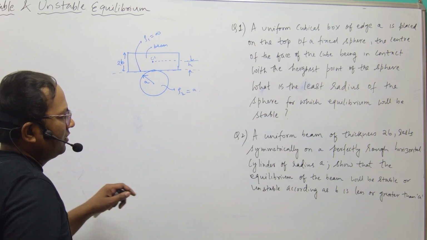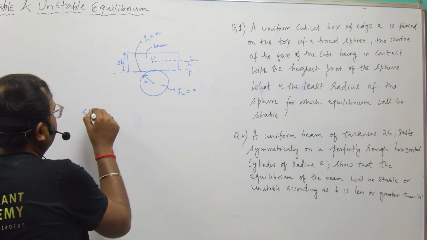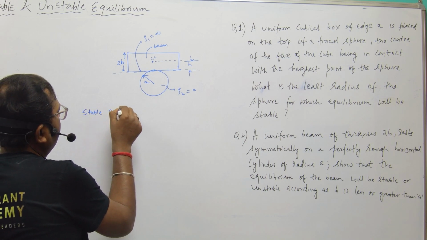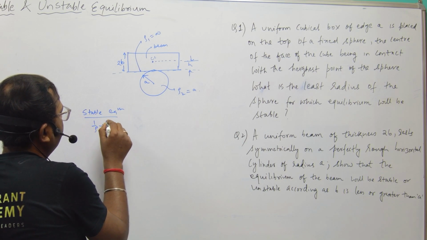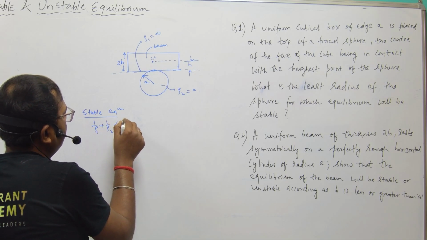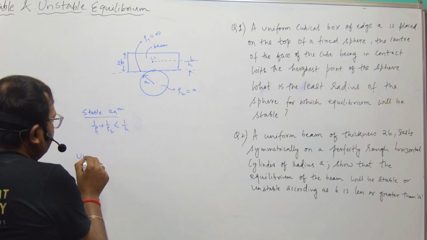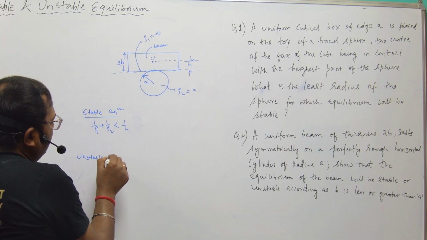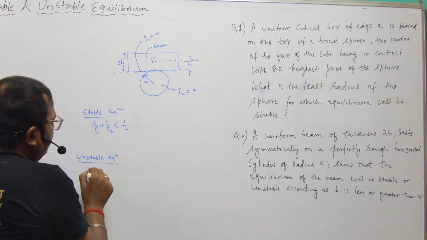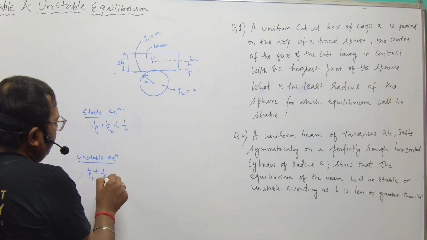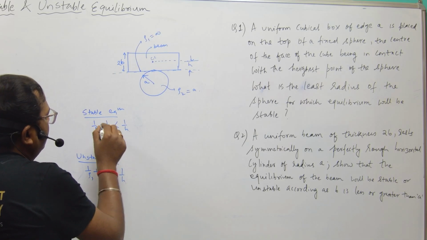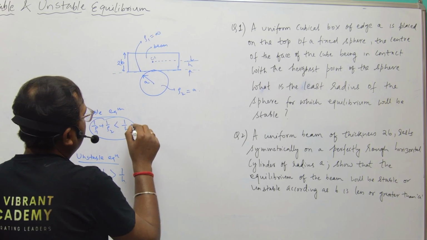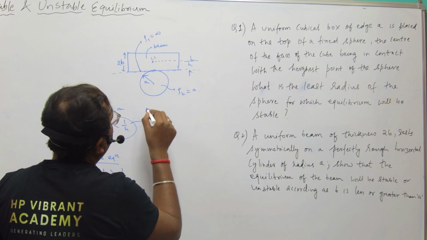For a stable equilibrium, we have 1 upon rho 1 plus 1 upon rho 2 is less than 1 upon h, and for unstable equilibrium, 1 upon rho 1 plus 1 upon rho 2 is greater than 1 upon h. Let us put the values here.